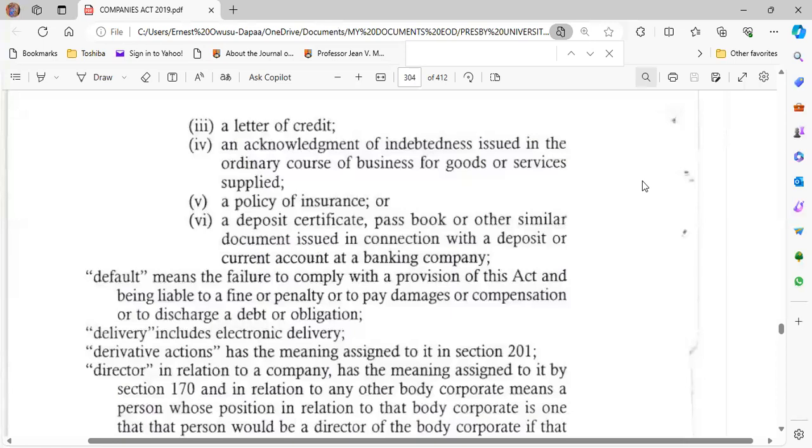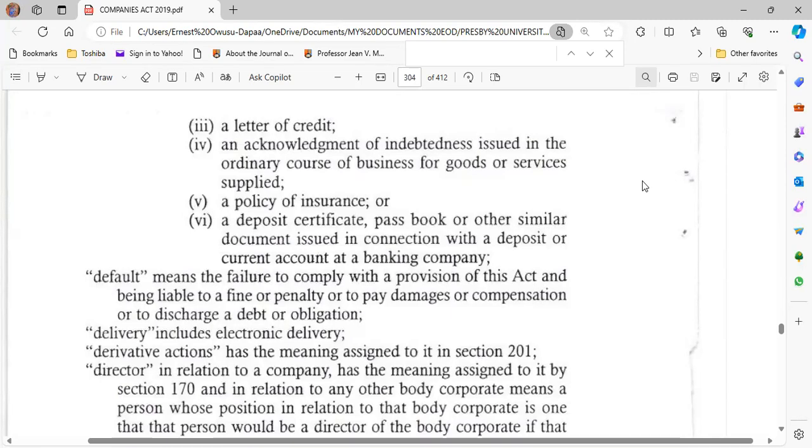And (VI), a deposit certificate, passbook, or other similar document issued in connection with a deposit or current account at a banking company. So maybe you have a company which does banking business, taking and accepting deposits and all that.